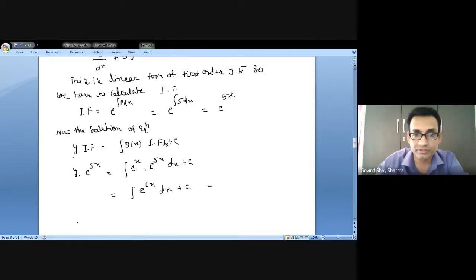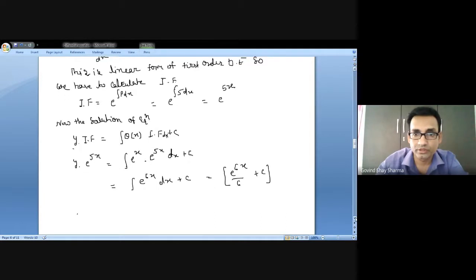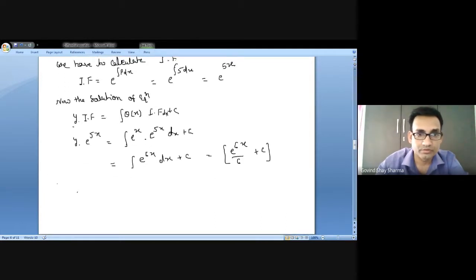Now by solving this, it becomes e to power 6x upon 6 plus c. So y e to power 5x is equal to e to power 6x upon 6 plus c, and y is equal to, taking it to the right side, it becomes e to power x plus c e to power minus 5x. This is the solution.